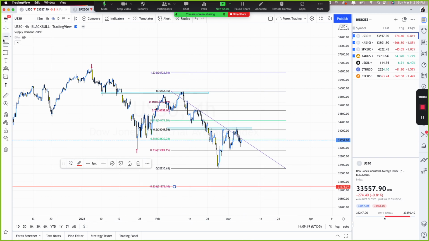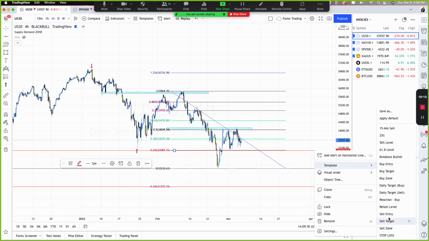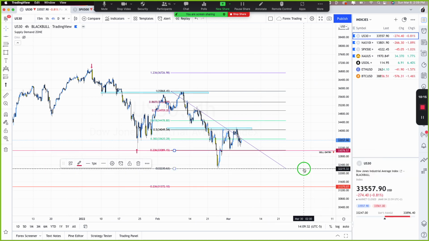There's a potential target. I want it to come back to 0. Here's my entry. Target is back to where it was.